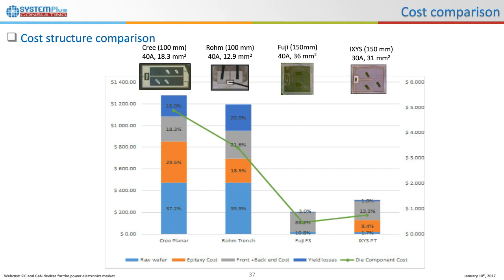And again, the yield has a big impact on silicon carbide MOSFETs, and so does the size of the wafer. Here I compared Cree and ROHM with Fuji and XES. So I compare a 100 millimeter wafer for the silicon carbide MOSFETs and 150 millimeter wafers for the silicon devices.